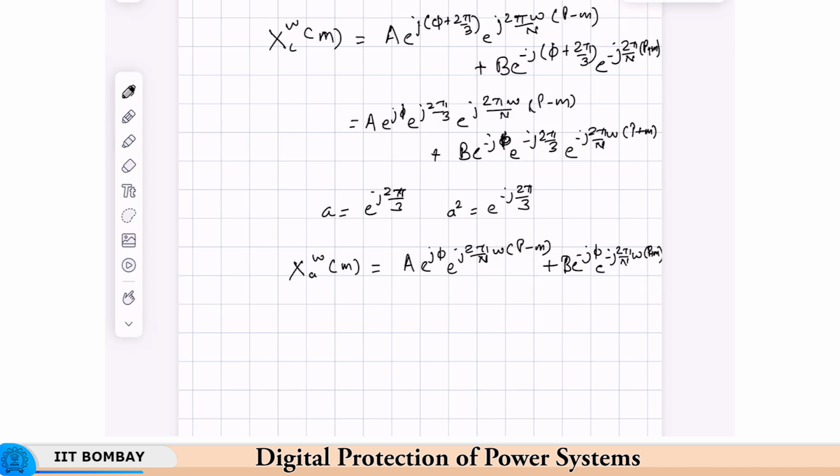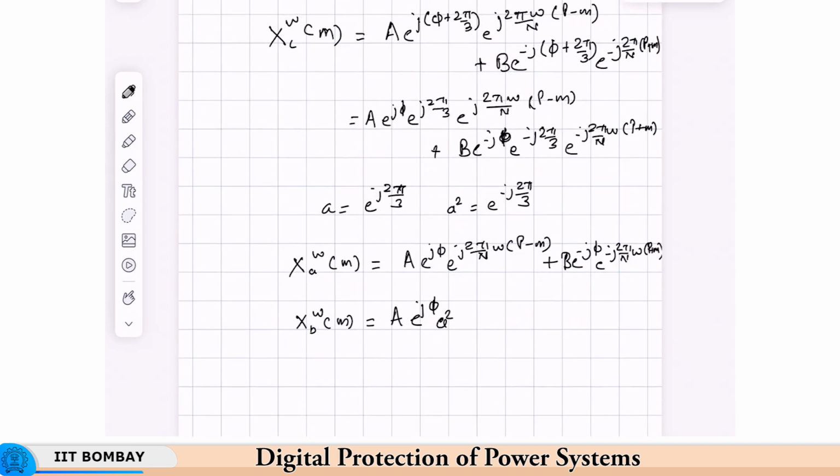p plus m. X b w of m is a e raised to j 5 into, first one is my a square now, so here it comes as a square, plus b, then the second one is plus j 2 pi by 3, so e raised to j 5, then a, and then e raised to minus j 2 pi by n w p plus m.